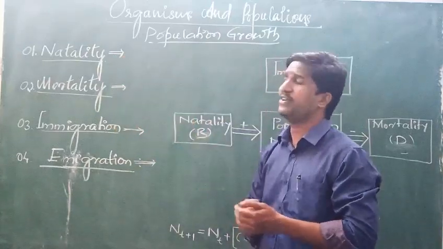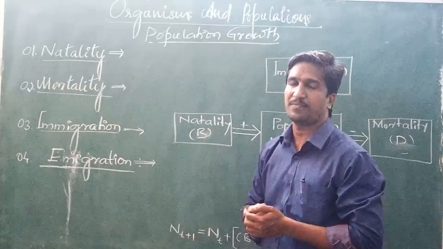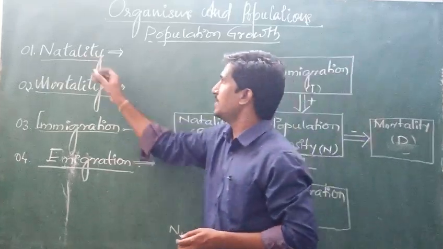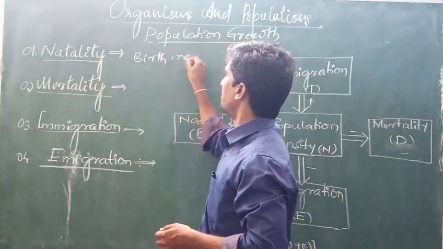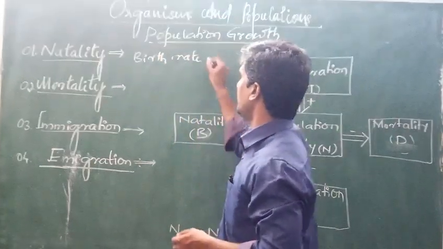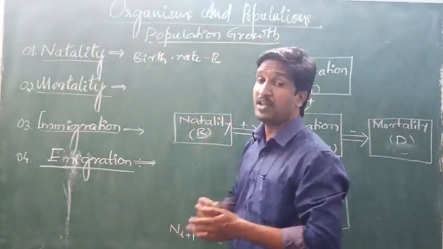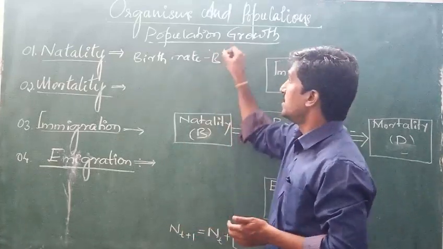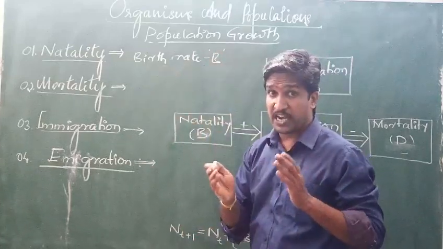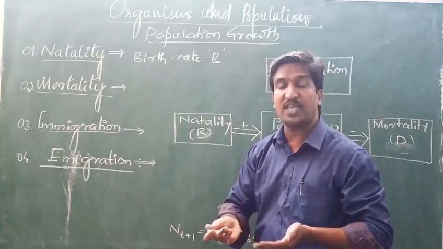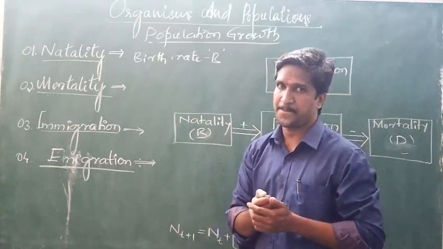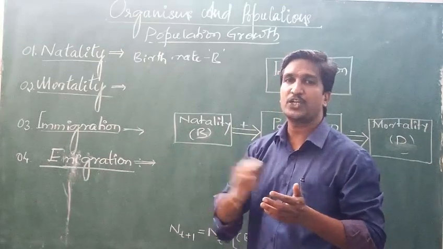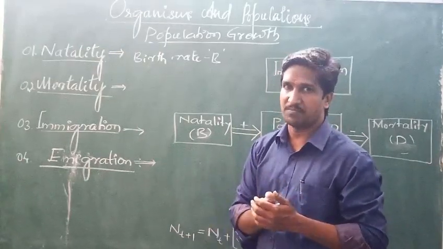First we will learn about natality. Natality is nothing but the birth rate, denoted by capital B. It is the number of living organisms taking birth in that particular population in a given period of time, meaning the addition of organisms.